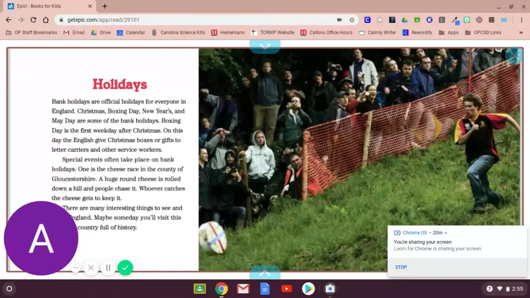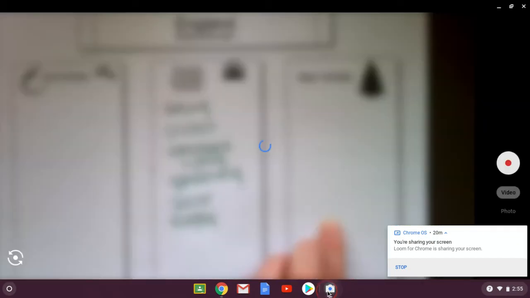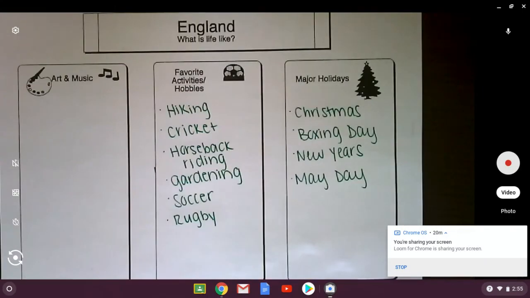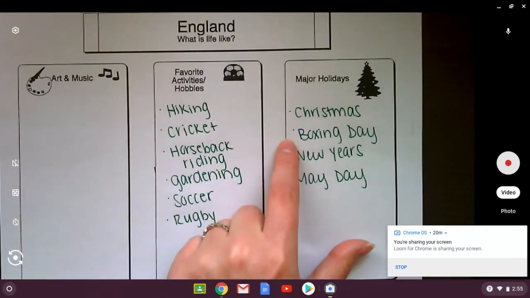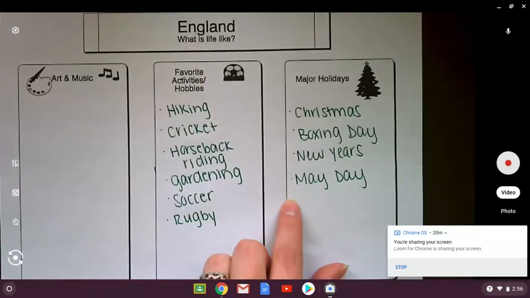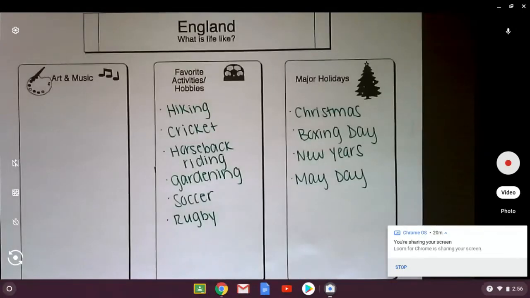All right. So I'm going to go back to my graphic organizer, go ahead and compare with mine. I have Christmas, Boxing Day, New Year's, and May Day.